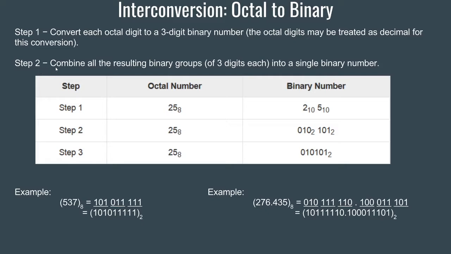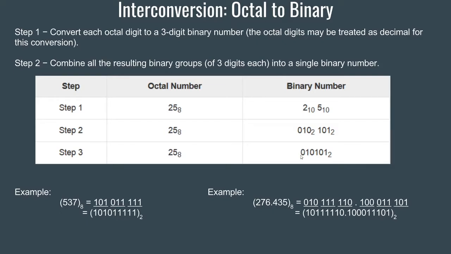Now the next step, that is the last step obviously, is to combine all the resulting binary groups into a single binary number. Over here we have two binary groups, that is 010 and 101. So we can combine them to give 010101. Now one thing to notice is that we have this stray 0 at the leftmost position.